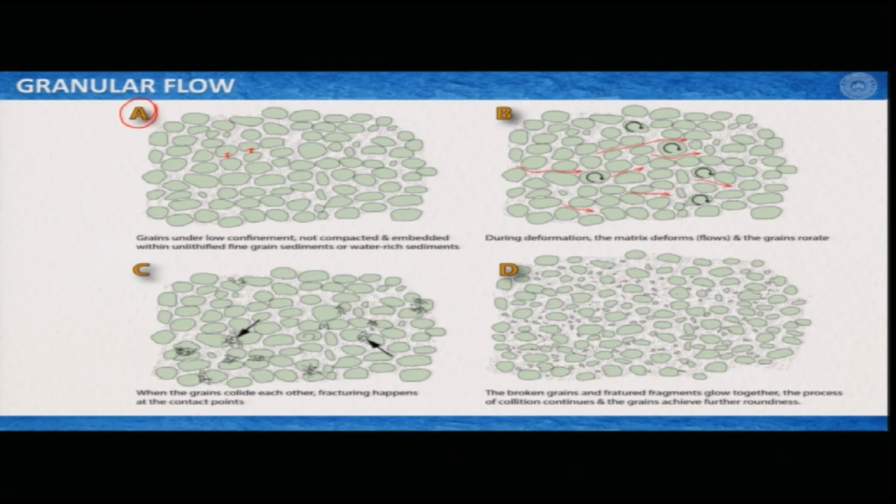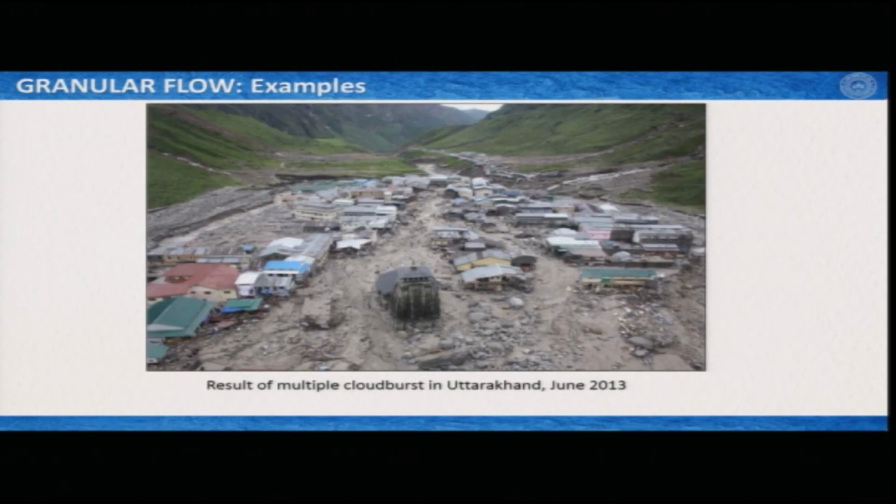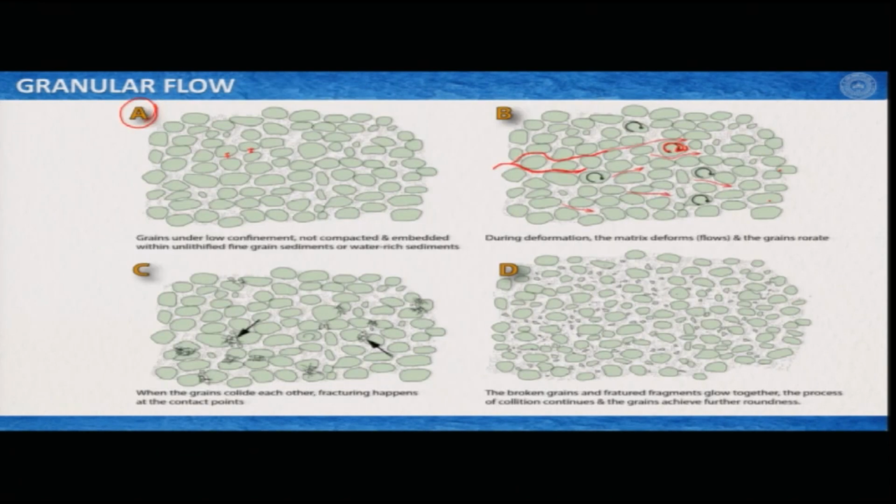These fluids or fine particles, the fine matrix, try to flow around the grains, and when that happens, the individual grains, indicated here by black circular arrows, tend to rotate. When these grains rotate, of course, they collide with each other at certain points, and when this collision happens, the grains produce fractures along their contact points.